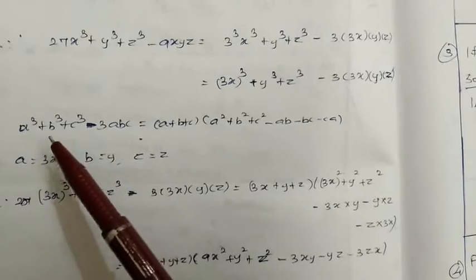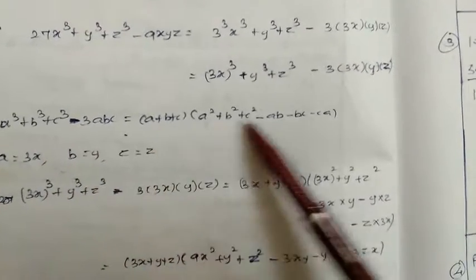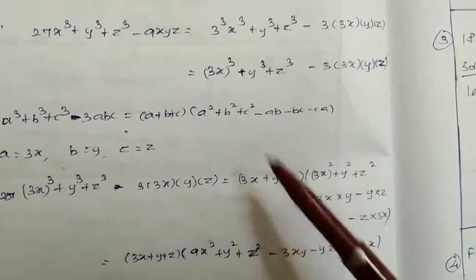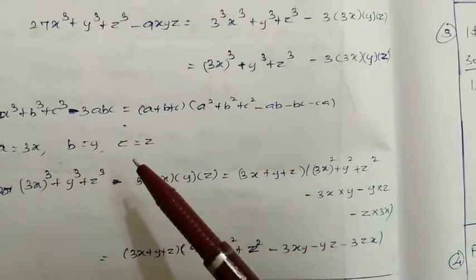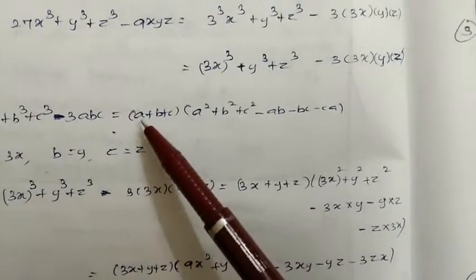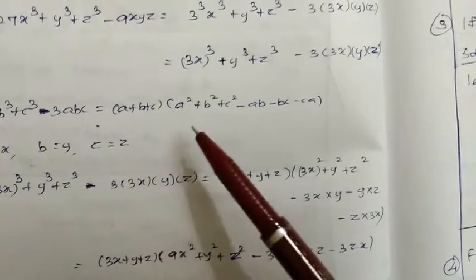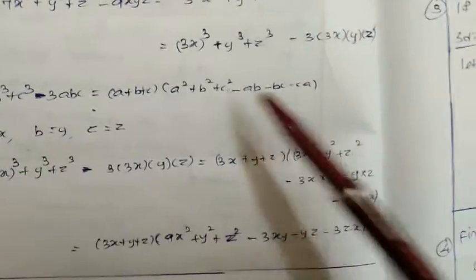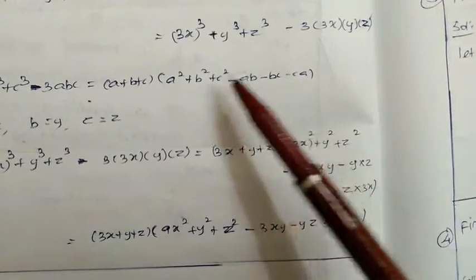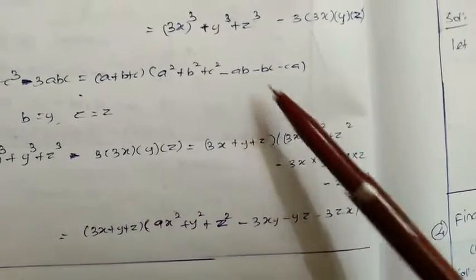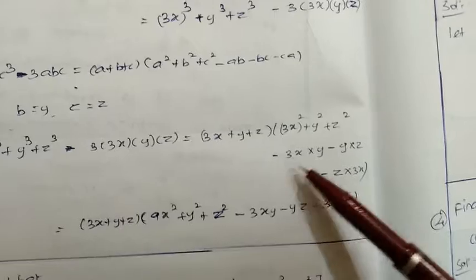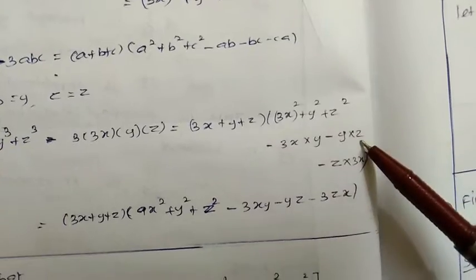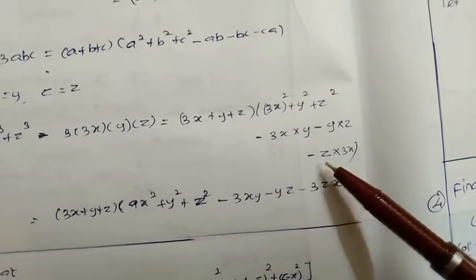So a cube plus b cube plus c cube minus 3abc equal to this factor. Substitute a value 3x and b value y, c value z. So the problem equals a value 3x plus b value y plus c value z into a square, that is 3x the whole square, substitute b value, that is y square, c value z square, minus 3x instead of a, 3x into b value y, minus b value y, c value z, minus c value z, a value 3x.